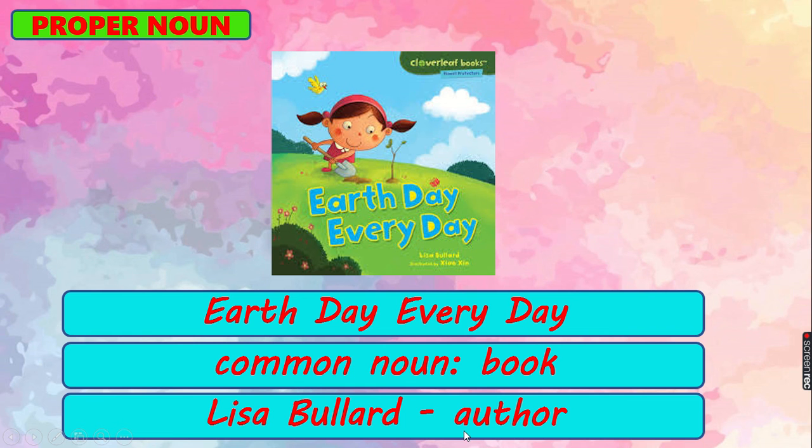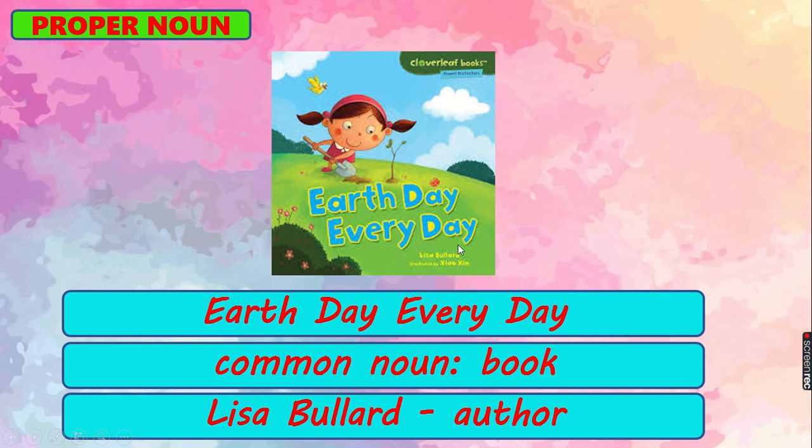The common noun is author. The proper noun is Lisa Ballard. If you can see, author begins with a small letter a, and Lisa Ballard begins with capital L and capital B. Alright, so the proper noun is Lisa Ballard. Common noun is author.